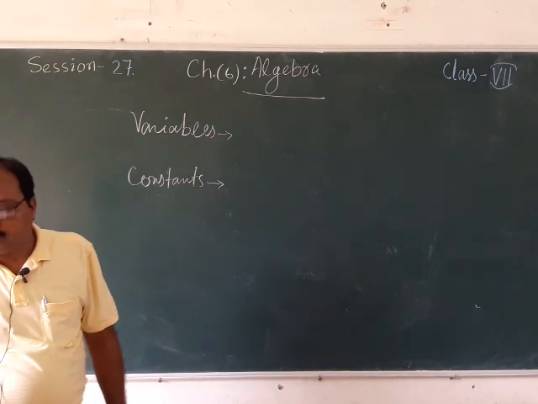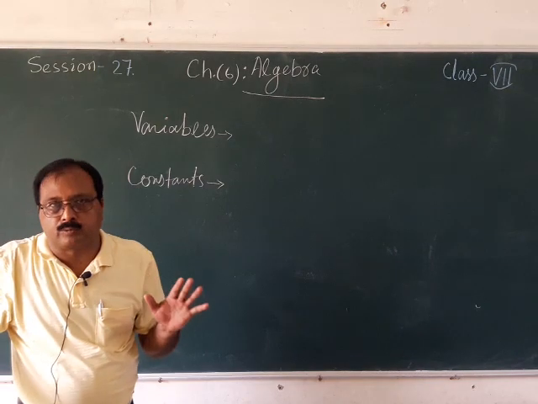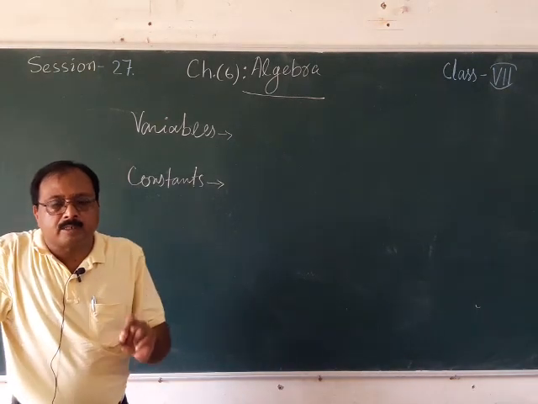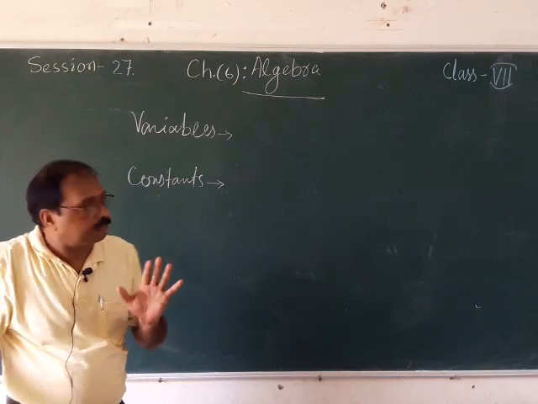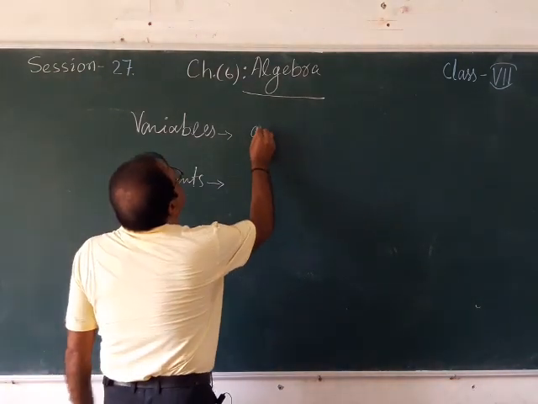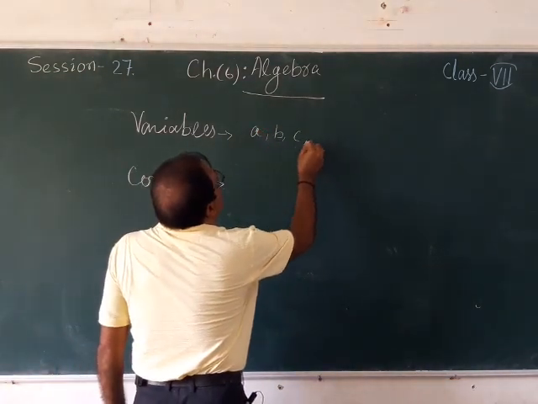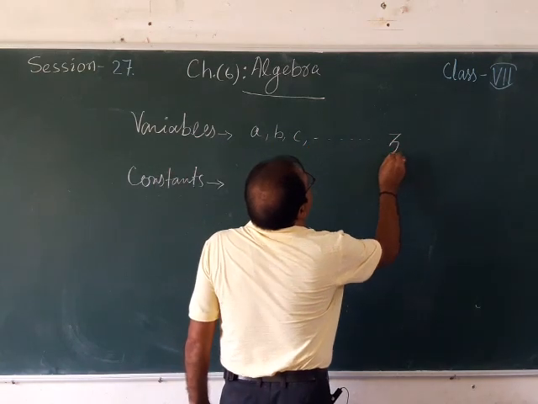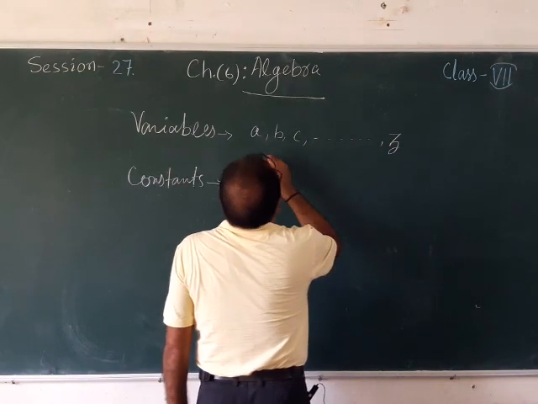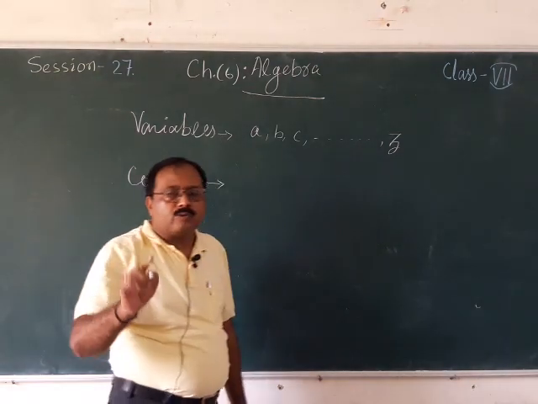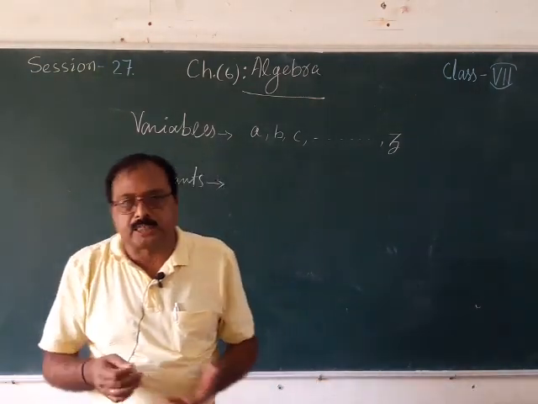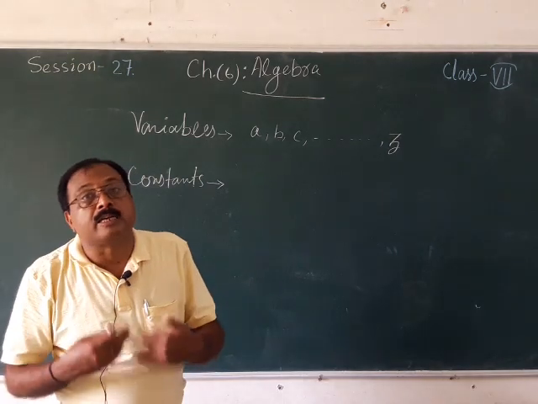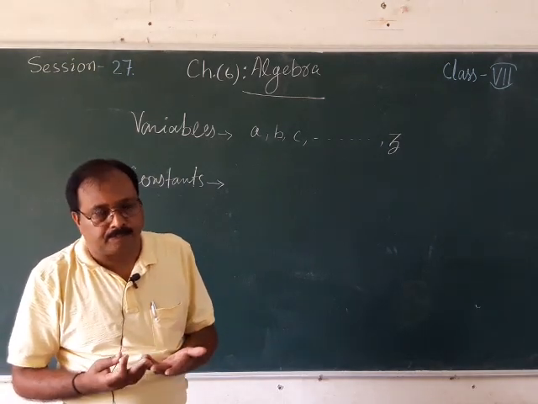Variables do not have a fixed value. All English alphabets are variables, like any letter A, B, C up to Z. You have all 26 letters and you are using those letters in mathematics. They have no fixed value. Their values vary from time to time.